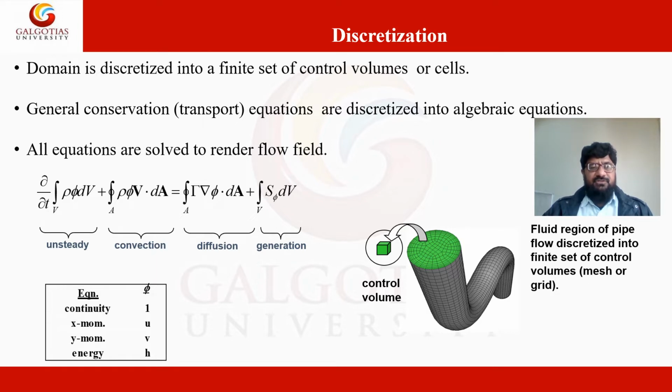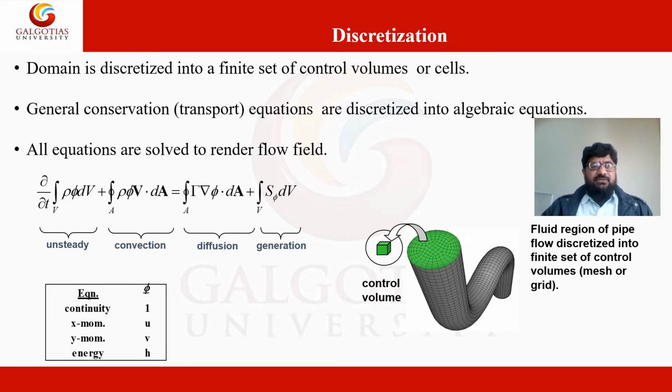In this equation, if we put the value of phi as 1, then we will get the continuity equation, and if we introduce u in place of phi, we will get the x momentum equation, and if we introduce enthalpy or energy in place of phi, we will get the energy equation.